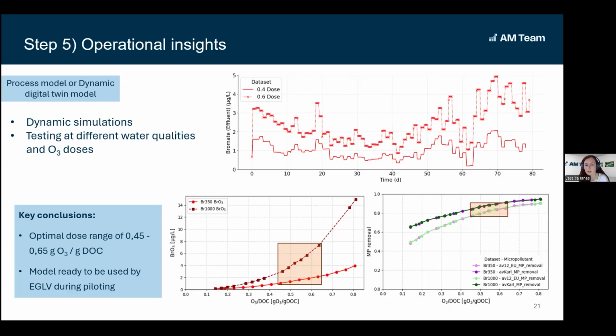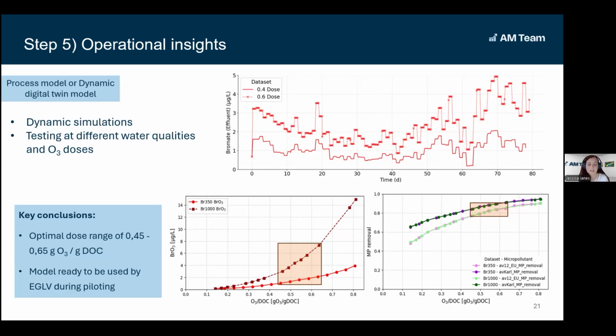And on the right, you can see the two series are actually representing the average for the micropollutants of the CAR list, but we also wanted to assess the average removal for the 12 micropollutants of the European Water Directive. So we were able to also report and suggest an optimal dose range.